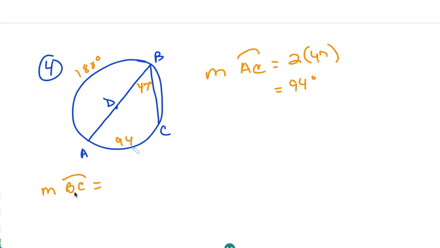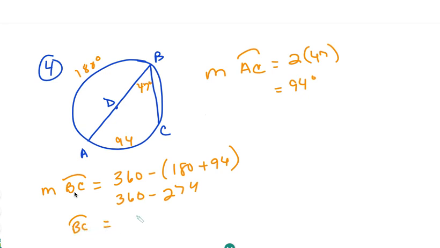So arc BC is going to equal 360 minus 180 plus 94. 180 plus 94, 360 minus 274 is going to give us the measurement of arc BC, which is going to be 86 degrees. And again, those three arcs added together will equal 360.